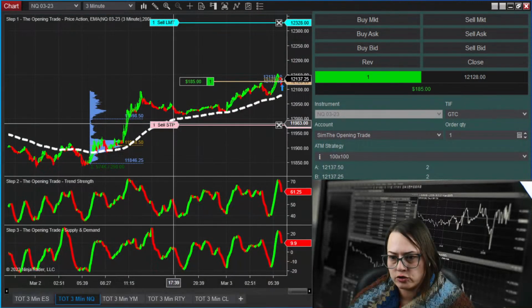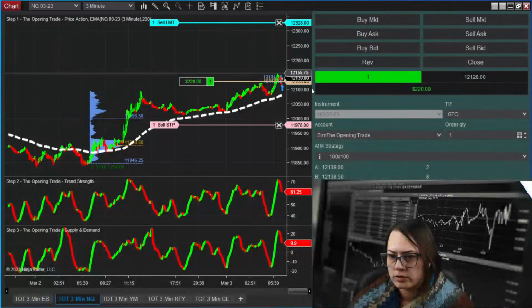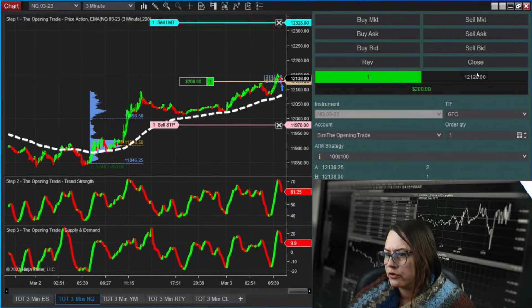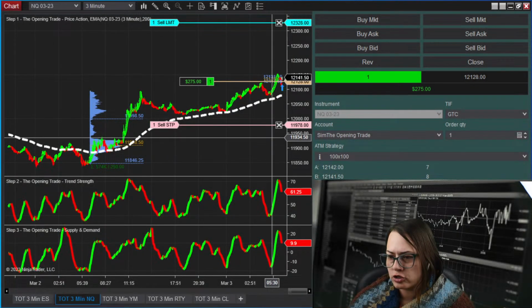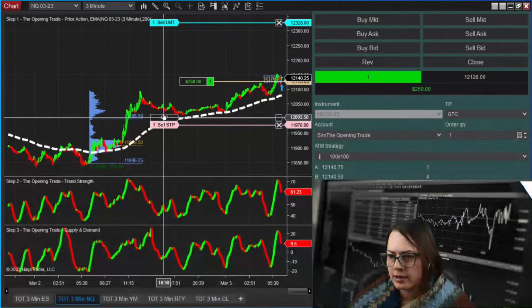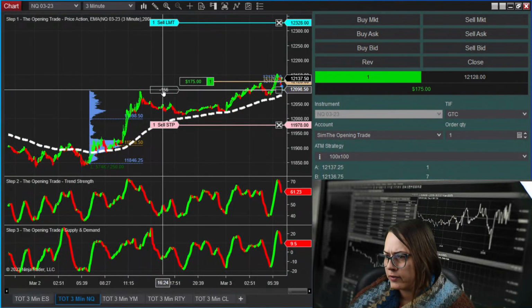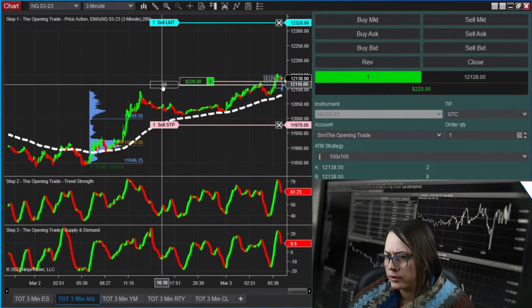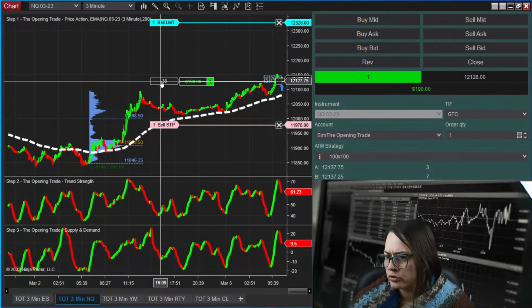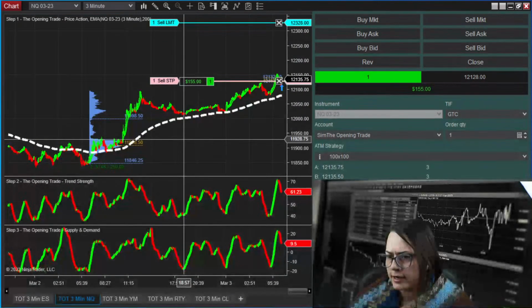So I'm going to move it up to, so over here you can see that it says 12,128 is my entry price. So I'm going to bring my stop loss at least above that by one. I'm going to try to do it quickly. All right, so I moved it up right there.